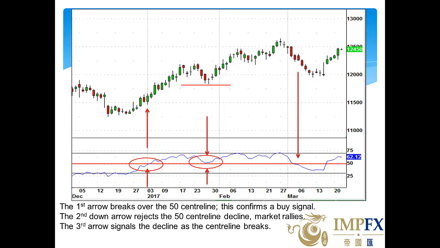And you can see here the market is falling away. There's a confirmation that a further decline is supportive. The fourth arrow crosses and re-establishes the uptrend. And as you can see here, from the break, the market rallies back to 1,250.